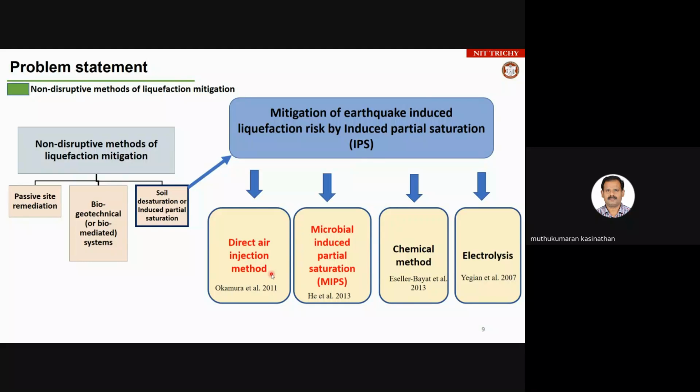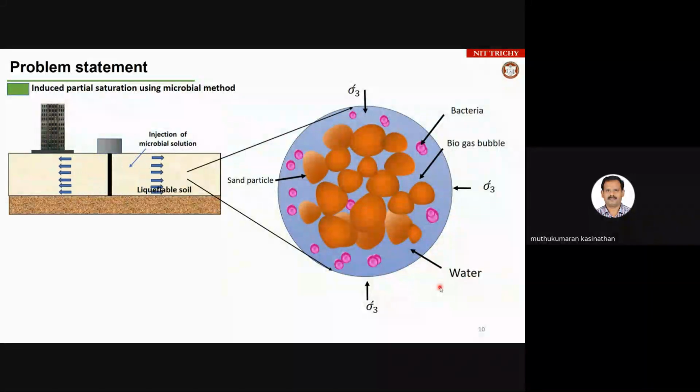Or you can select some chemicals which can also reduce the degree of saturation of the soil, or you can go with the electrolysis process. In this particular talk, I'll be talking about only air injection and microbial induced partial saturation. So let me briefly explain the concept, what is really happening.